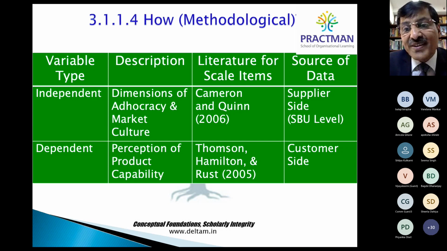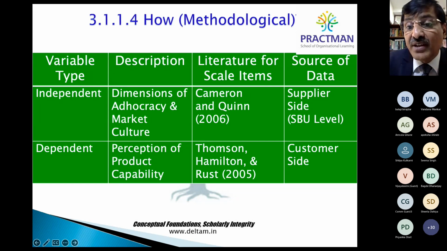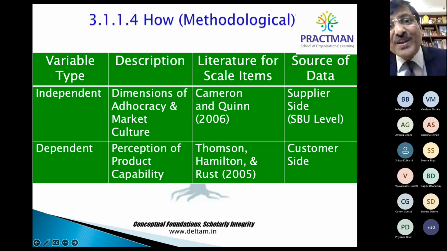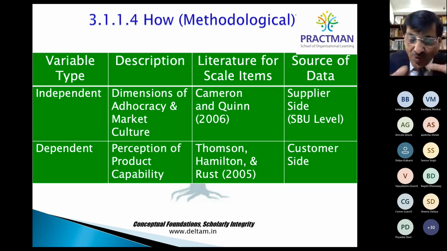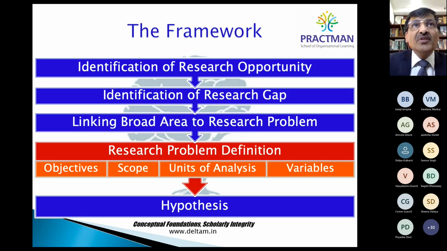These researchers thought that this data will be available from the companies which make the product. But what kind of products the company has made, the perception of it, they said for that, we will have to study the customers of that company, not the manufacturers, right? So all these clarity connects the broad area of research to the research problem.